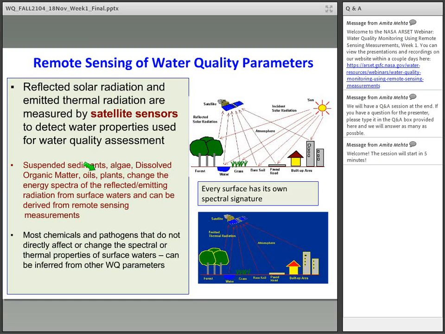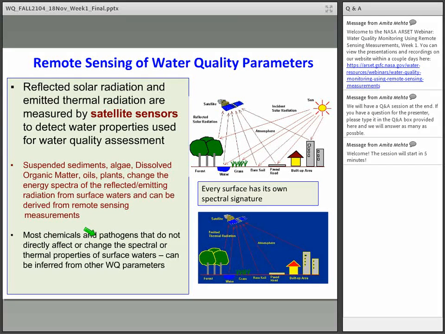Suspended sediments, algae, dissolved matter, organic matter, oils, plants. These alter energy spectra that are reflected back, and so they can be used to detect change in water quality. But there are also some chemicals and pathogens.